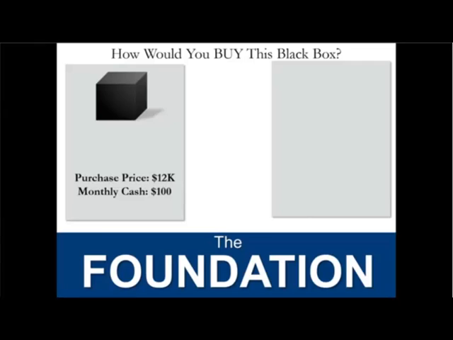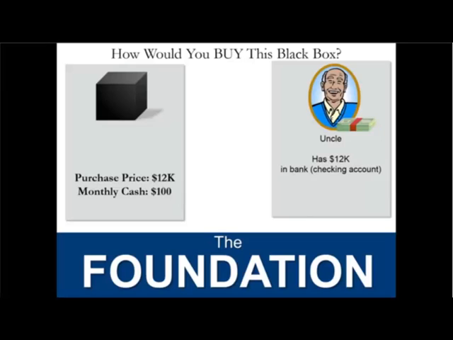Now this black box costs you $12,000, and you can buy as many of them as you want. But you don't have the $12,000. So you find your uncle who has the $12,000 sitting in the bank account. Let's call him Uncle Brett. Uncle Brett is sitting there with a whole bunch of money and making no money in the checking account.